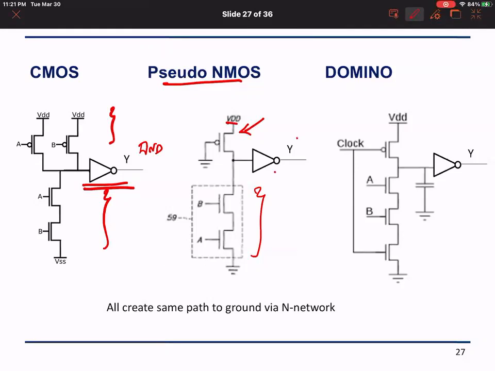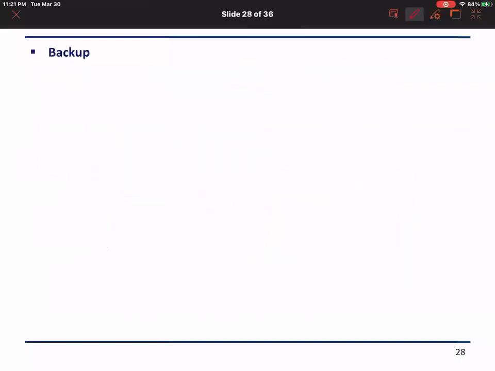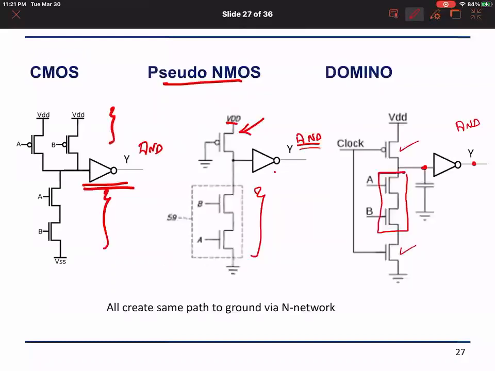We have an inverter, so we can implement the AND function. The domino logic, where we have a clock, we can have a footer clock as well, and we maintain the pull-down network. Automatically, the design has an inverter, so it implements the domino AND. Okay, thank you.